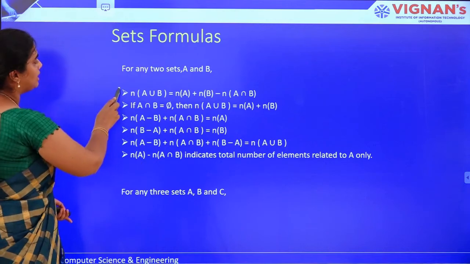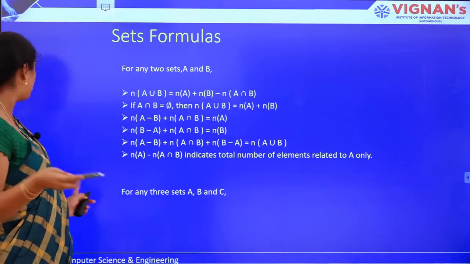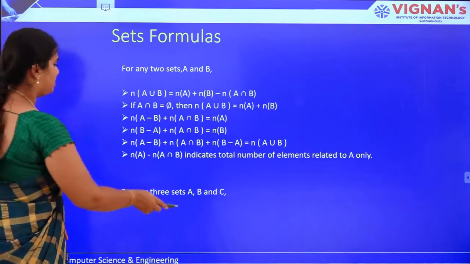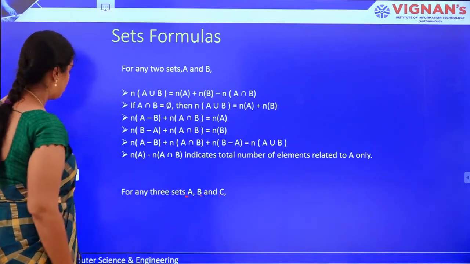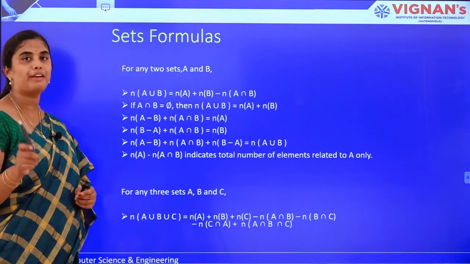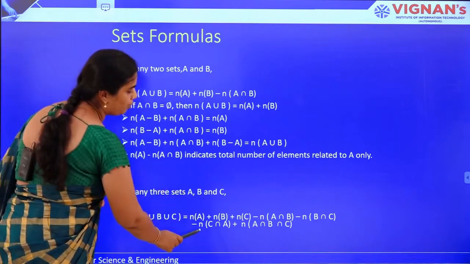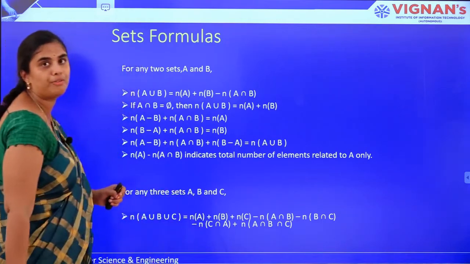Suppose all these things you performed only on two sets. Now suppose you are given one more set, C. If you want to find the number of elements present in the union of A, B, C, then you need to use the formula mentioned over here.